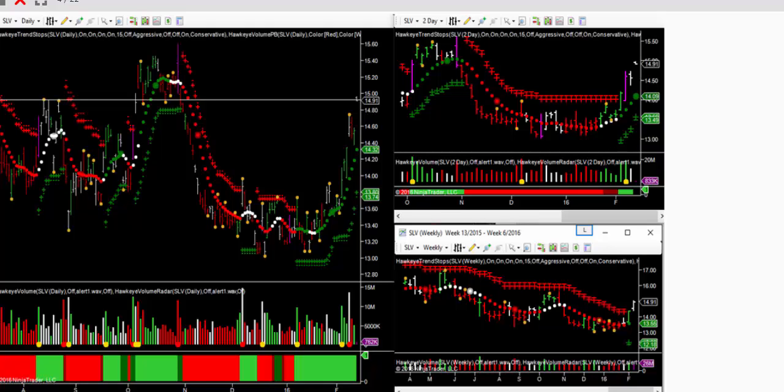Now the other thing that you'll see on this chart is, as well as the bars, which again are 3 colors, generally you'll see these occasional additional bars, which we call wide bars. See the purple bars here. Now these are absolute dynamite. This is my favorite indicator of all the Hawkeye suite for doing credit spreads.